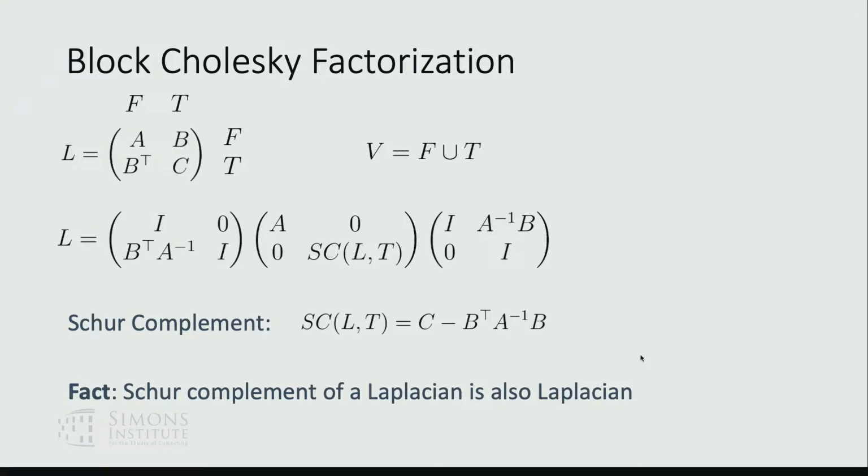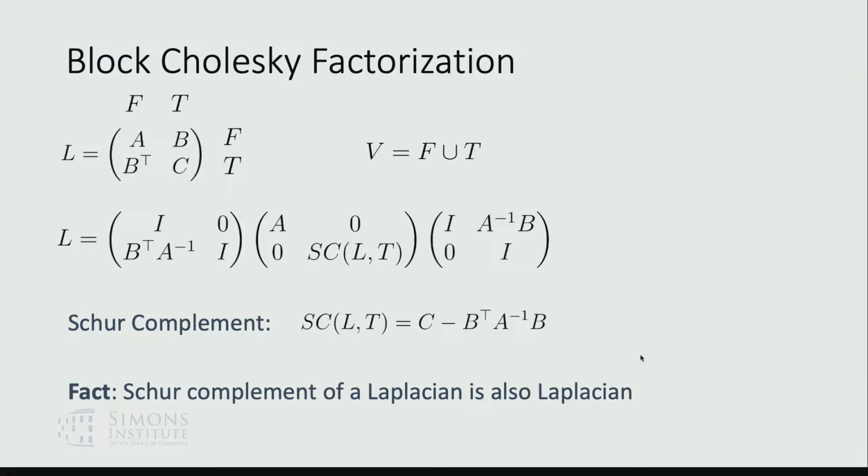So I'll read this as taking the Schur complement of L onto the vertices given by T. Sometimes people use a notation specifying which vertices you eliminate, but I think it's cleaner to think of what vertices I'm projecting the matrix onto. And so that will shrink the vertices I'm projecting the matrix onto. Does that clarify what I'm saying? So it's a Schur complement of my Laplacian onto T.